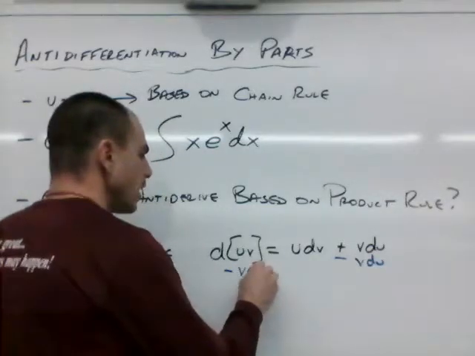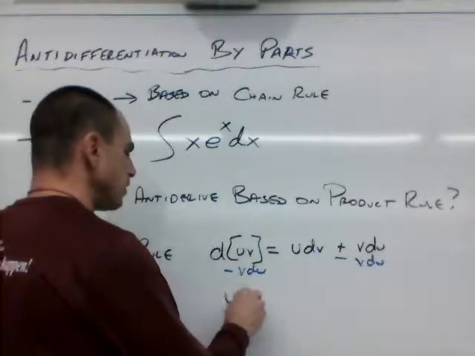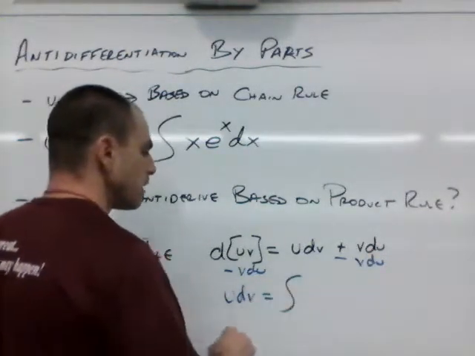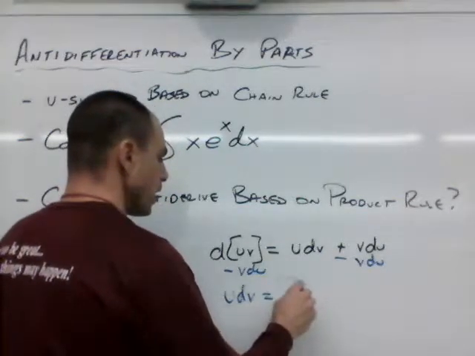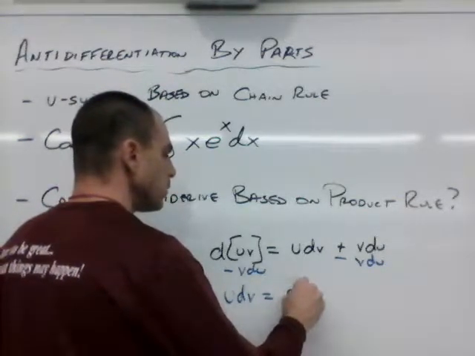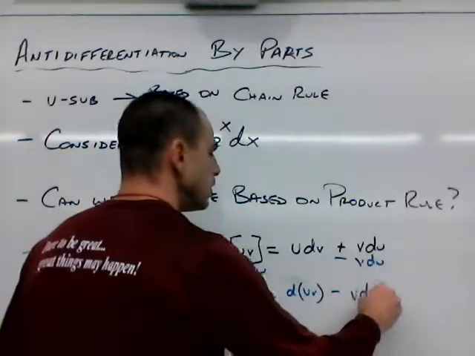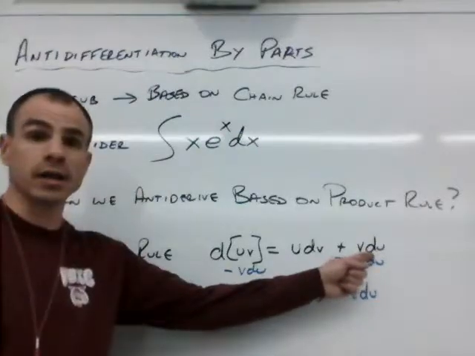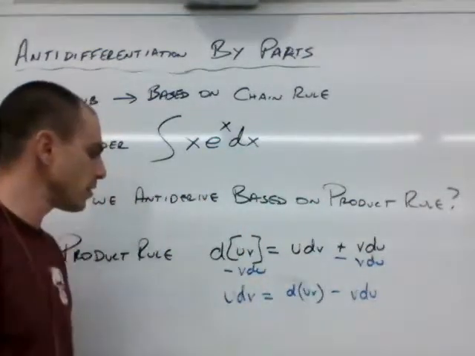And when I do that, I'm now looking at u dv equals the derivative of uv minus v du. I just took this term and moved it over to the other side of the equation and rearranged it.